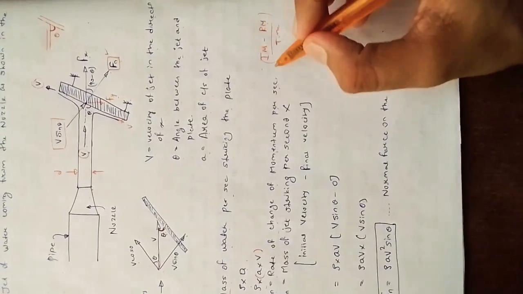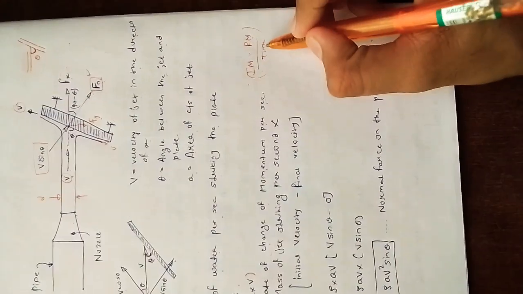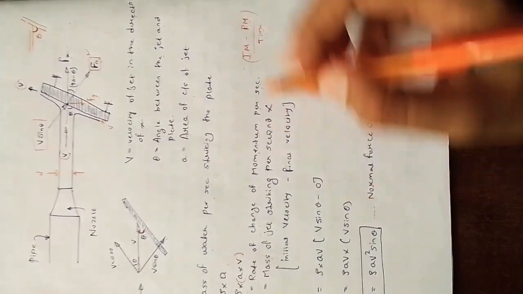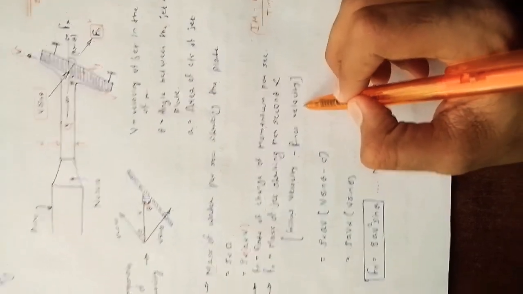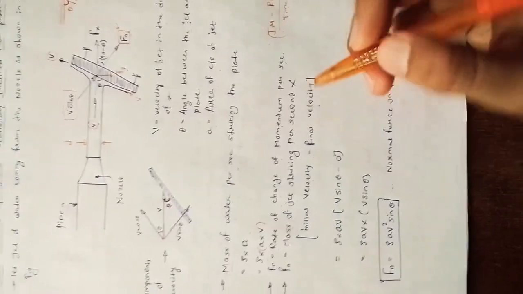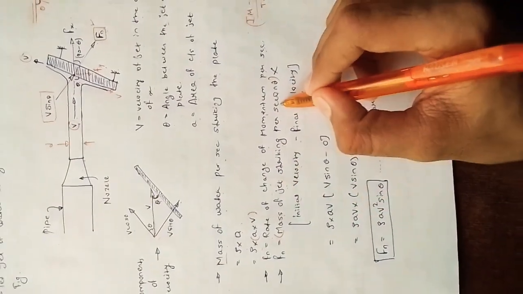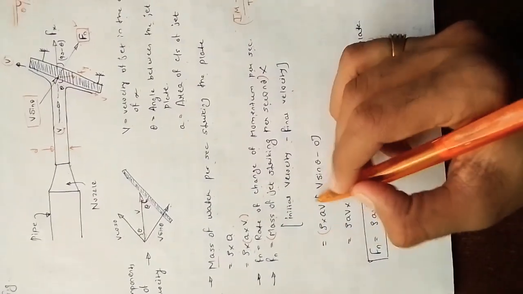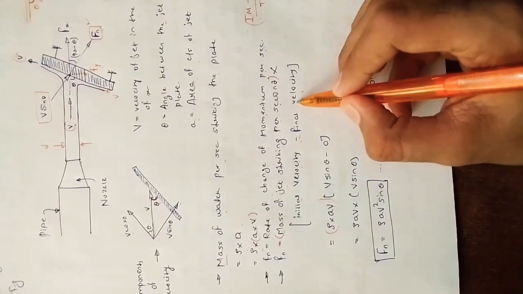Taking mass common, mass divided by time is the mass of the jet striking per second, and in the bracket is the initial velocity minus final velocity. The mass of the jet per second is rho into A into V, so it becomes rho A V into the bracket of initial velocity minus final velocity.